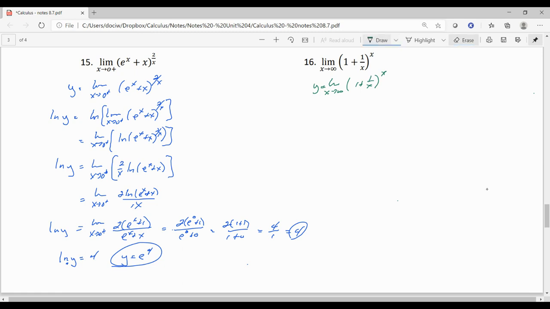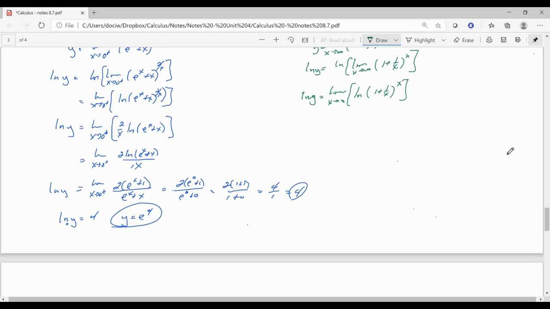Okay. So I'm now going to take the natural log of both sides. So that's a y. The natural log of y, now I can reverse my limit and my natural log. Okay. Move this up, and I realize we lost part of that, but that's okay.